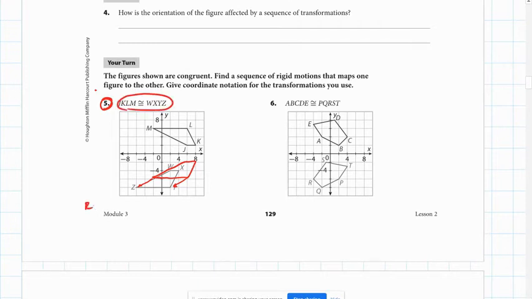say reflect across the x-axis, then translate.